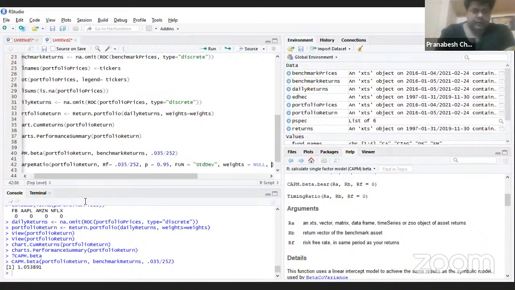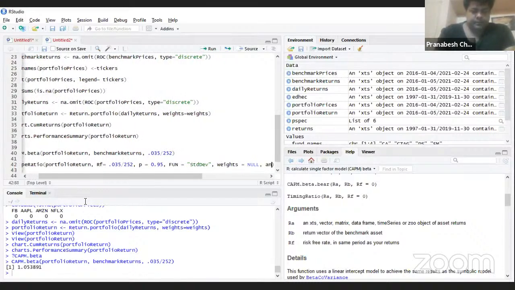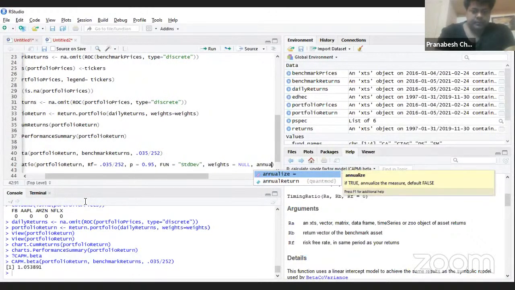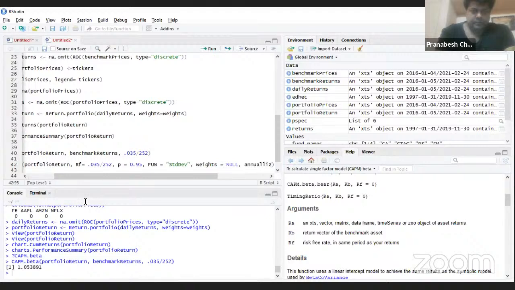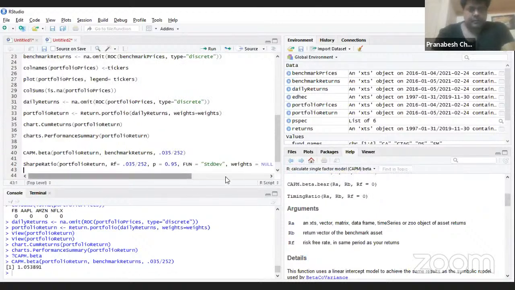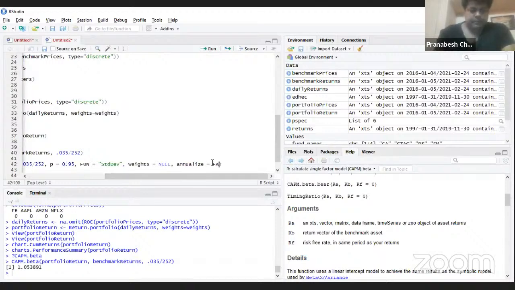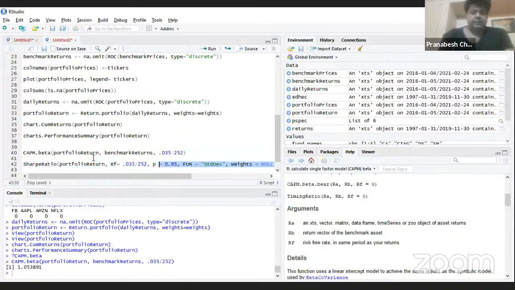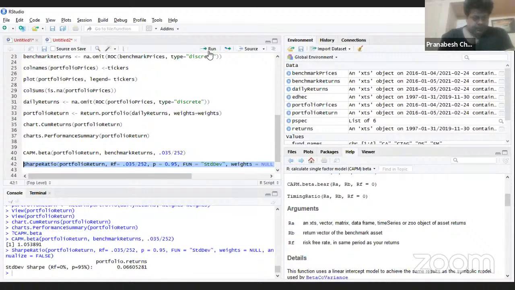Let's mark it null. So the portfolio return that it is giving us is approximately 6.6%, which is much more than the market return.